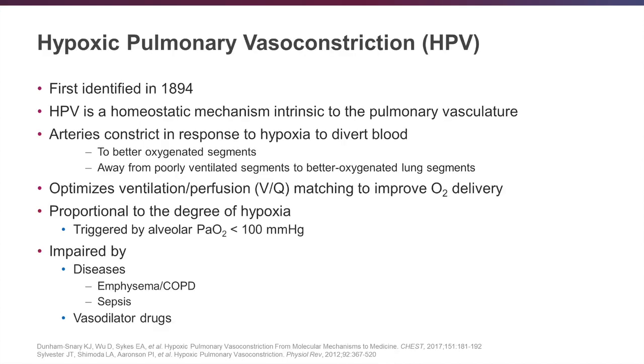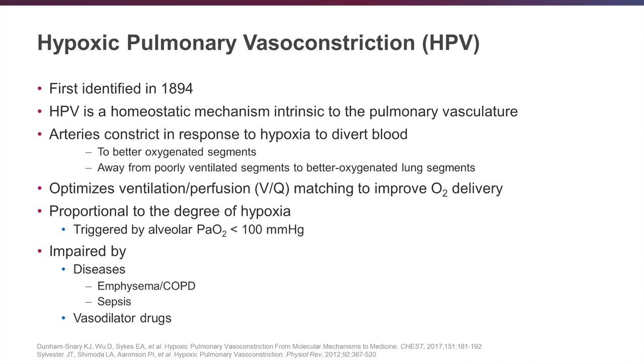Before we talk about the abnormal, let's talk about what is normal in the lung, starting with hypoxic pulmonary vasoconstriction. So what exactly is hypoxic pulmonary vasoconstriction? It was first identified in 1894, and it's a homeostatic mechanism that is intrinsic to the pulmonary vasculature and actually works just the opposite of what the systemic arteries do in response to hypoxia.